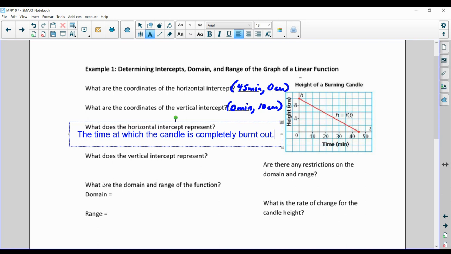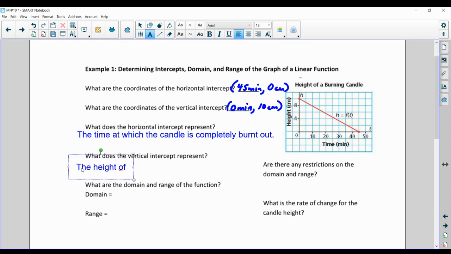And the vertical intercept represents the height of the candle before it was lit.